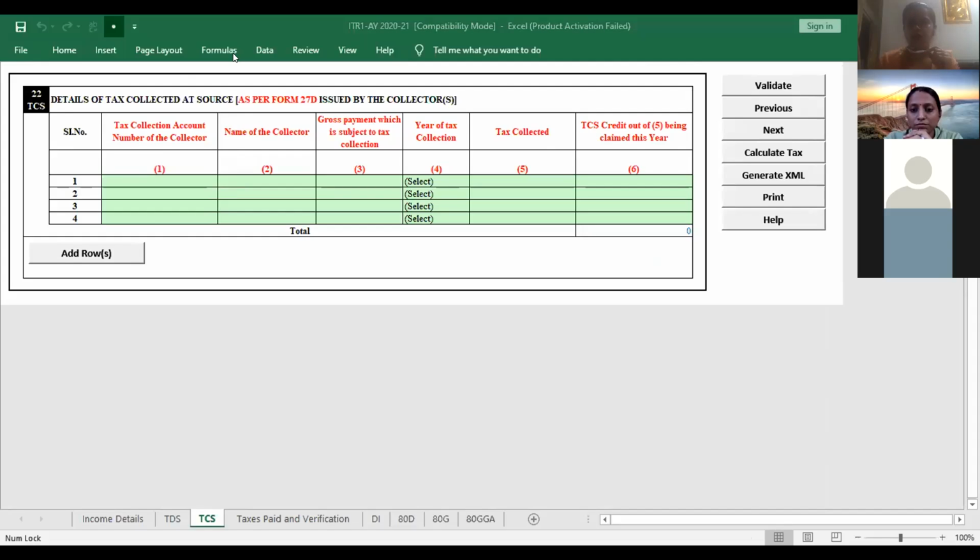Another question. I am a teacher in one school and taking private tuition, income up to rupees 5 lakh annually. Till now, my CA was filling the form. She was filling in ITR 5, but I am confused between ITR 1 and ITR 5. Which is correct one for me?